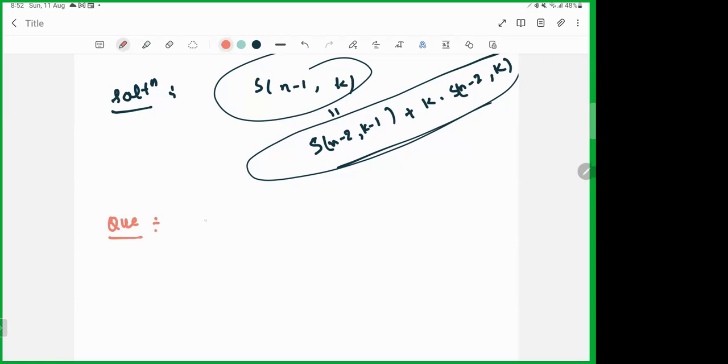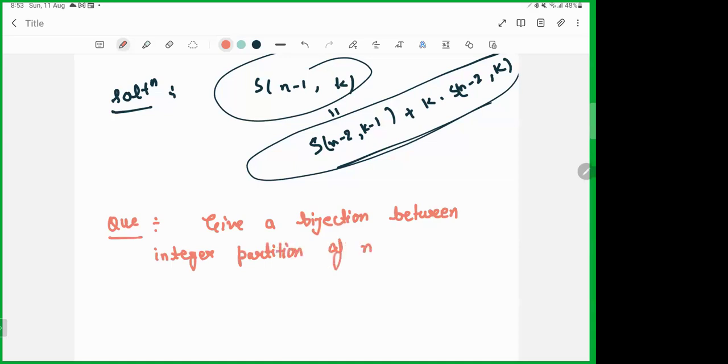Give a bijection between integer partitions of n with distinct parts and integer partitions of n where each part is odd.